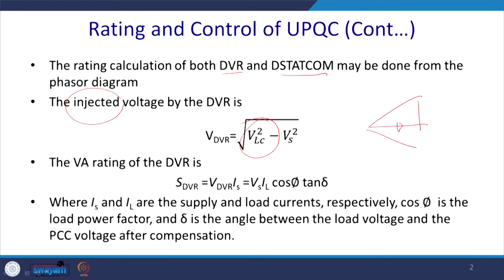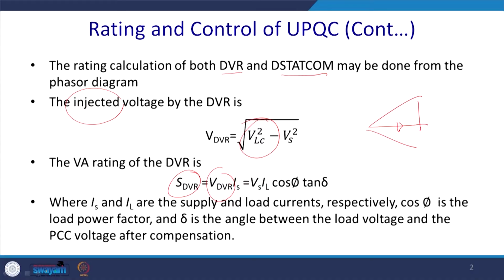The rating of the DVR is essentially S DVR, the kilowatt rating: the voltage rating and the current flowing through it. Because it is a series connection, the current will be the same.